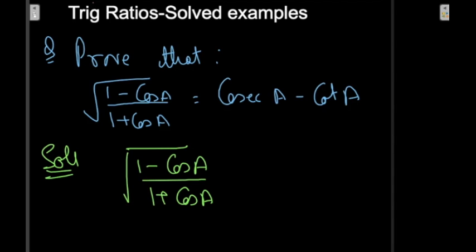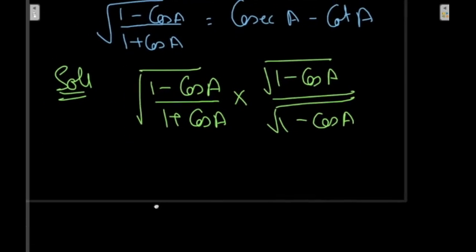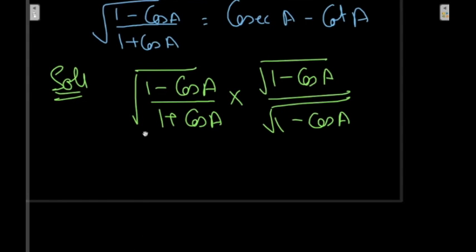So we will multiply and divide by 1 minus cos A. Now in the numerator it becomes 1 minus cos A whole square, and of course there is an under root.